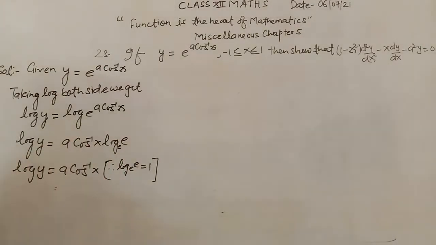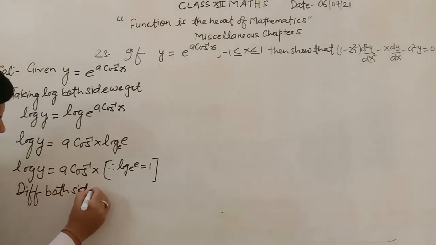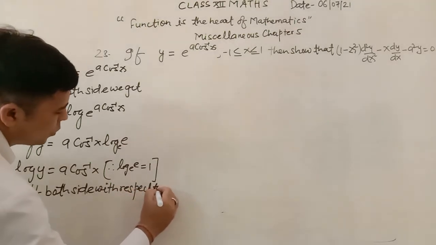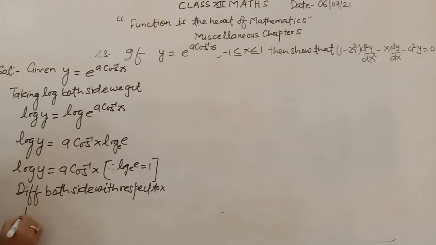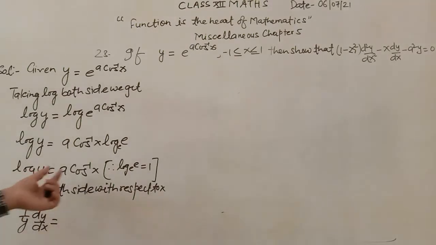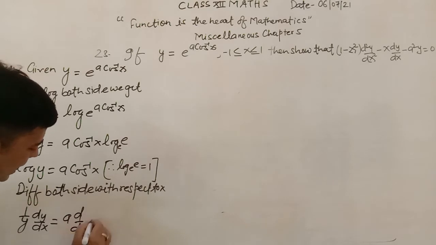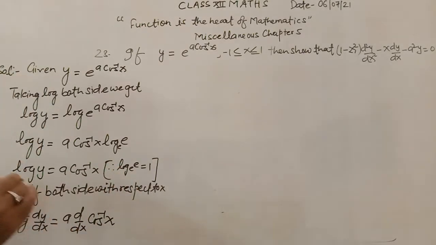Now differentiating both sides with respect to x. This is 1 upon y dy upon dx is equal to a, the constant term a, into d by dx of cos inverse x.